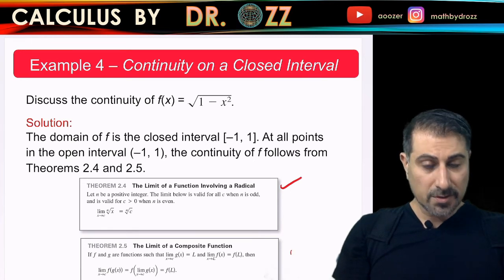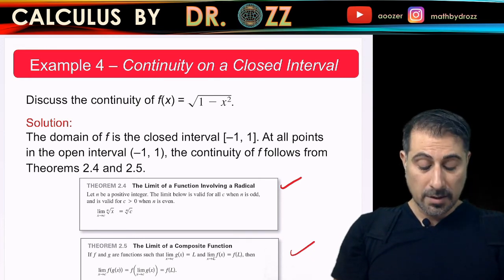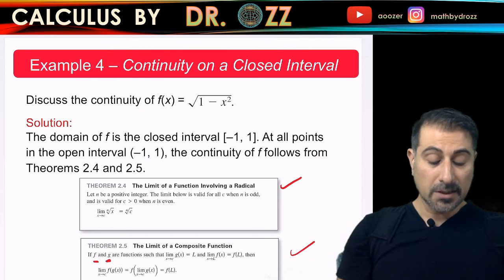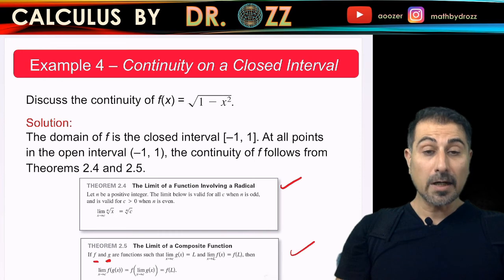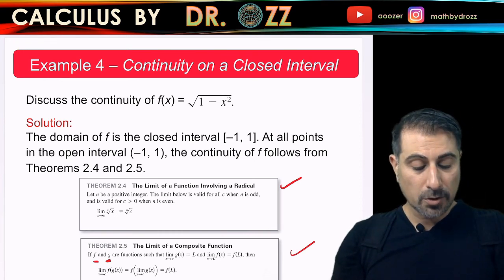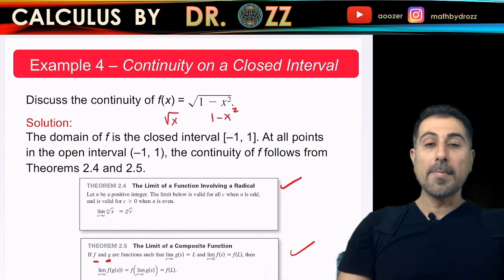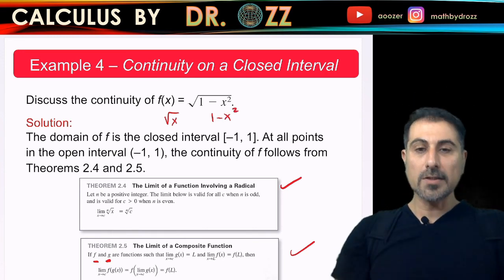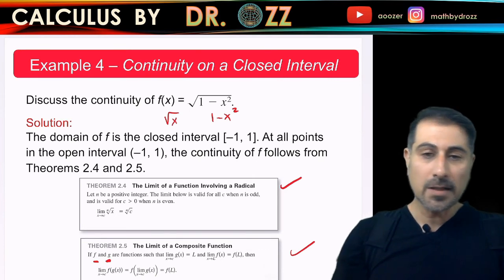And the composition result tells us that if f and g are continuous, then the composite function is continuous. This function is composed of radical x and the polynomial 1 minus x squared. So essentially this function is continuous on the open interval (-1, 1).